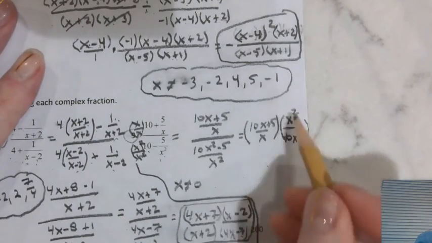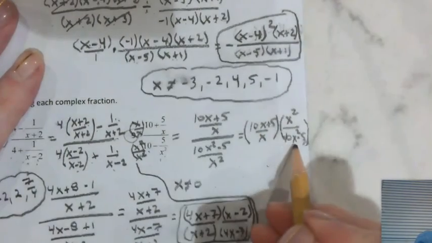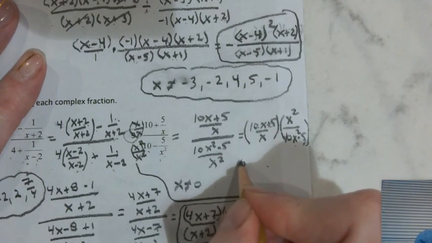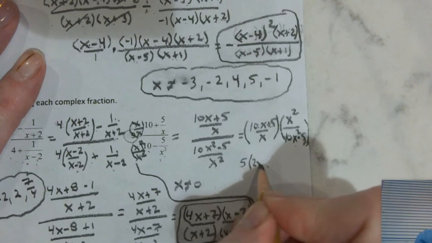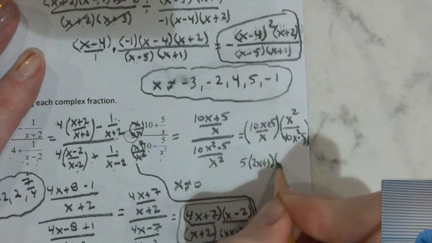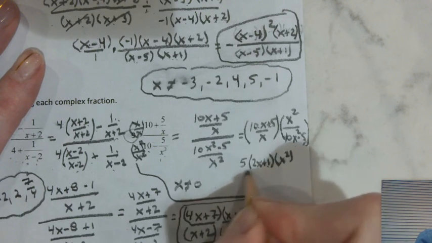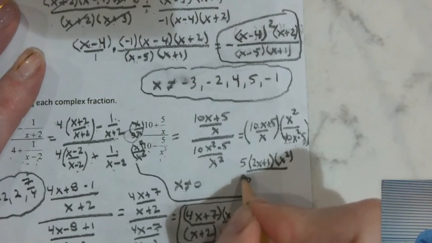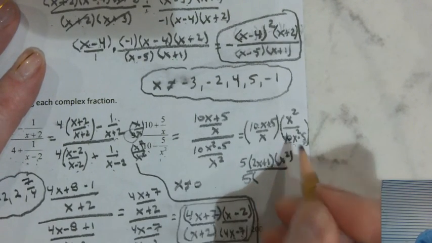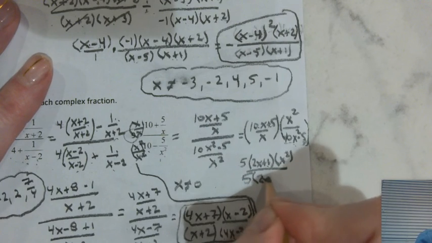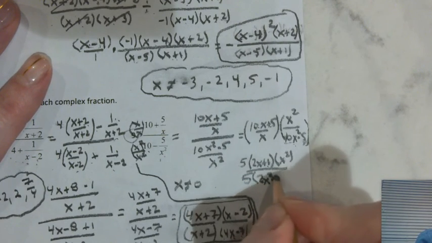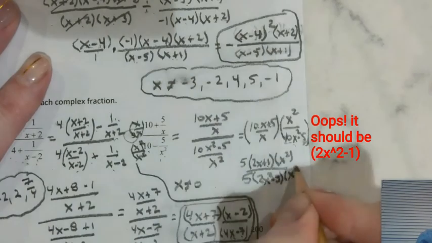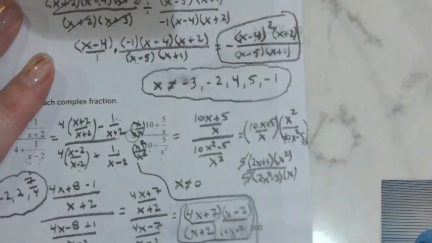Now one of the x's will cancel, but let's factor. We can factor out a 5 from here. So we're going to get 5 times 2x plus 1 times x squared on the top. On the bottom, we're going to factor out a 5 from these two terms, 5 times 2x squared minus 5, and then times an x. 5's cancel.